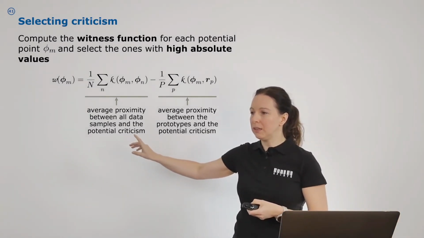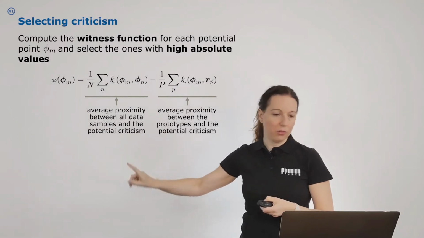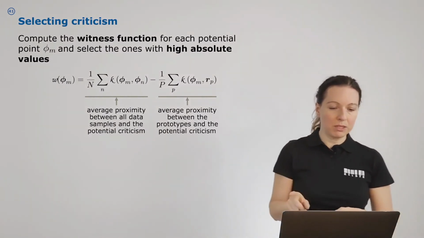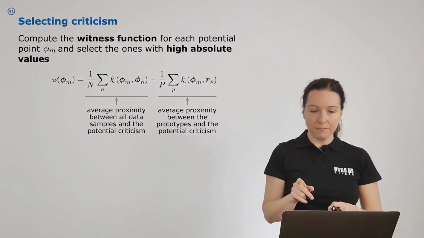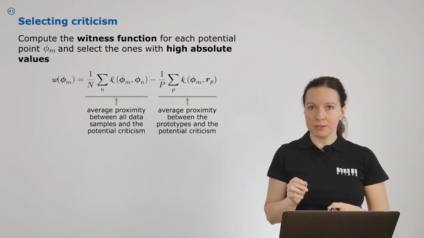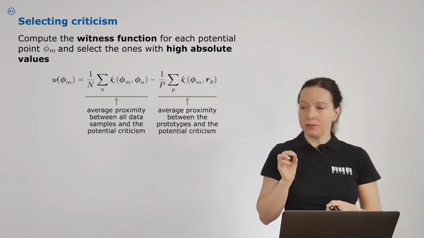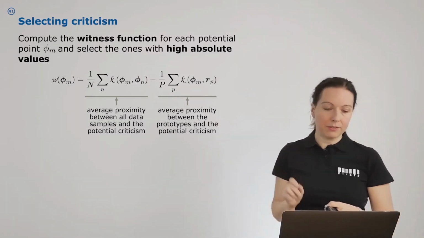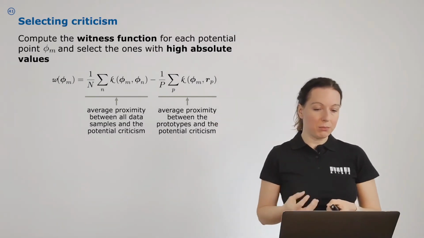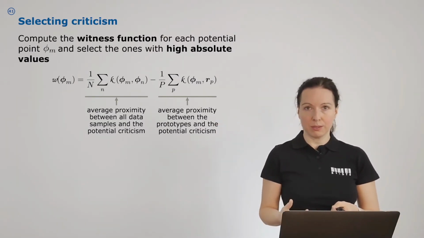To be a little bit more specific, the first term is the average proximity between all data samples and the potential criticism. And the second term is the average proximity between the prototypes and the potential criticism.